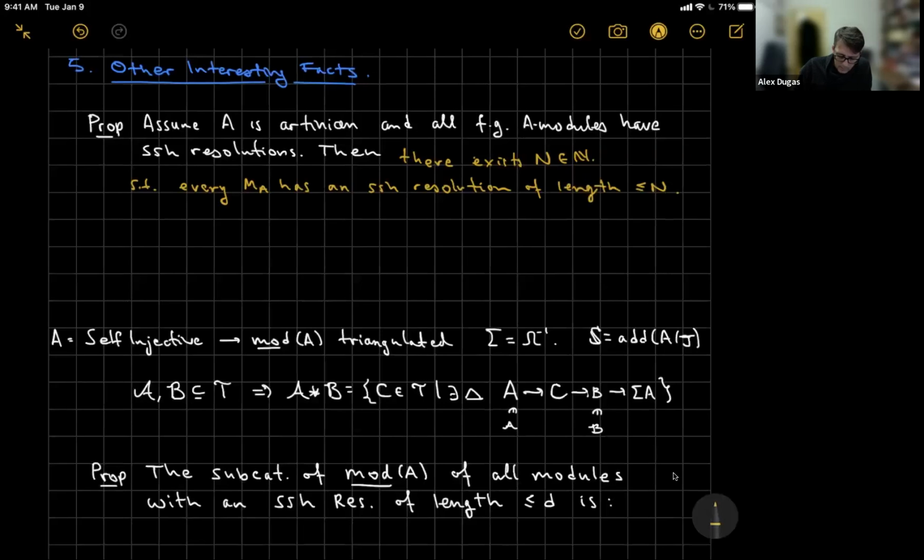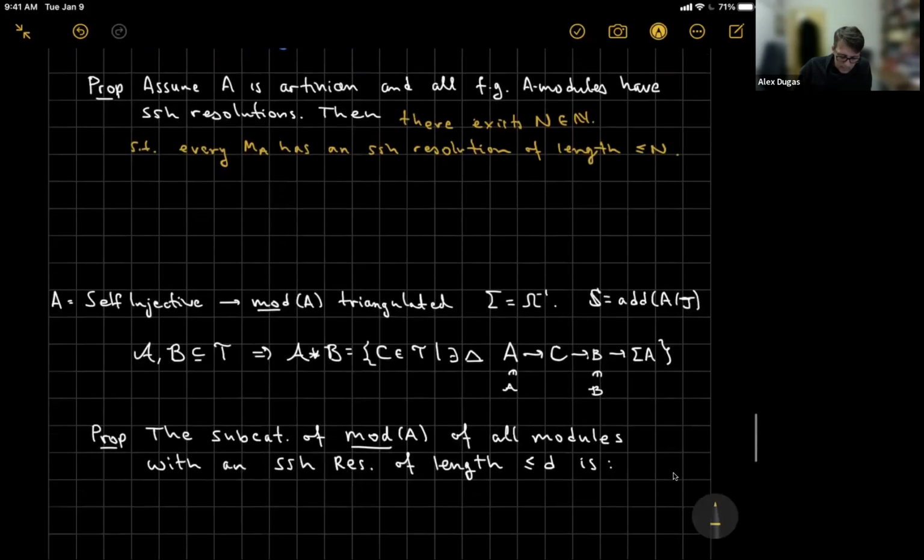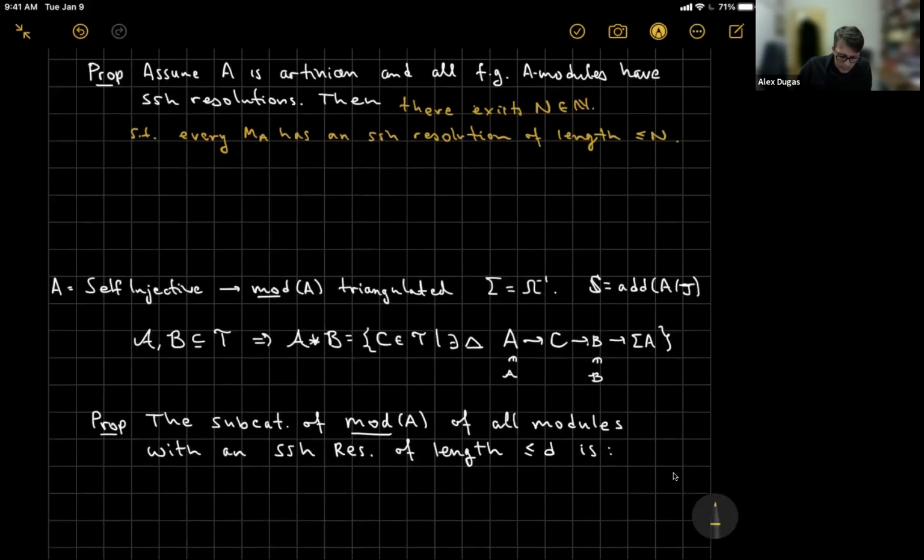And one other thing I'd like to mention is that if we have a self-injective algebra, then we have the stable category, which is triangulated. The suspension is the co-syzygy functor, and we'll write S for the subcategory of semi-simple modules.